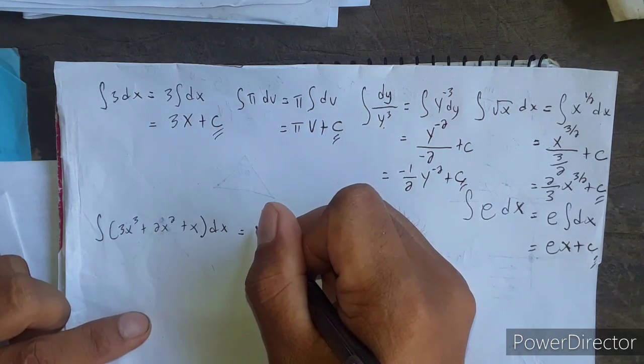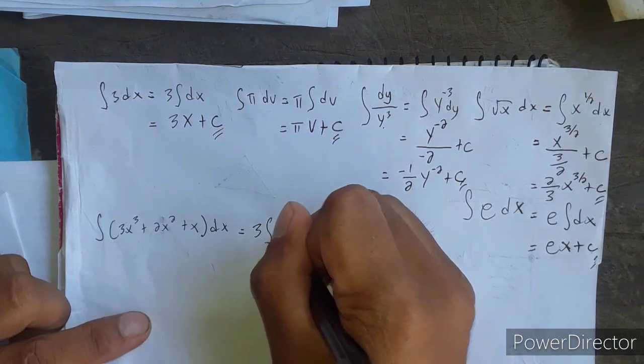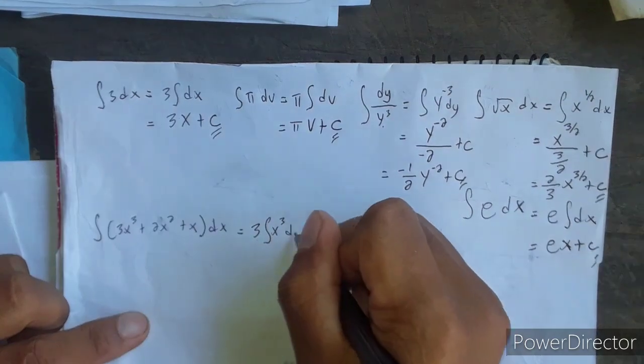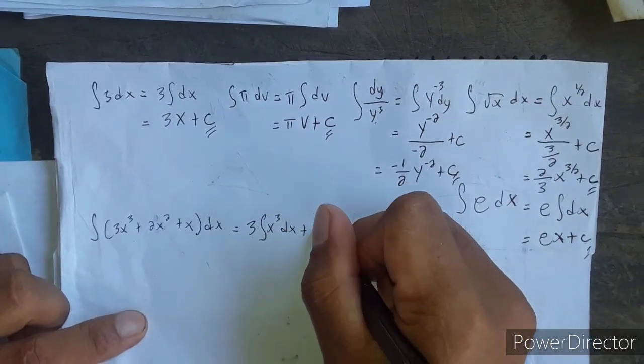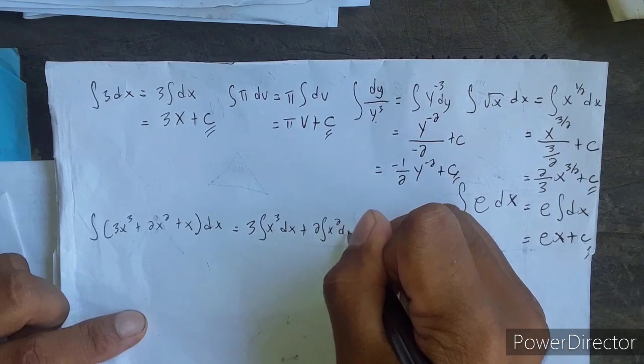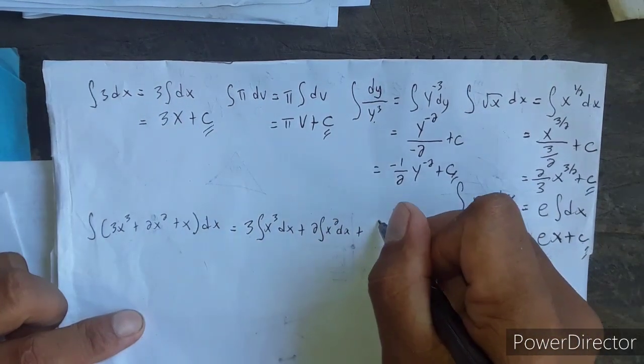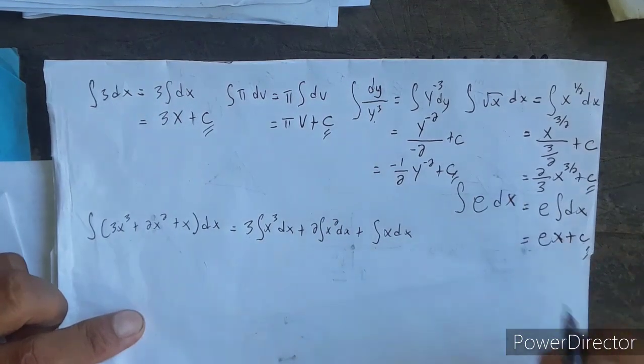So we have 3 times the integral of x cubed dx plus 2 times the integral of x squared dx plus the integral of x dx.